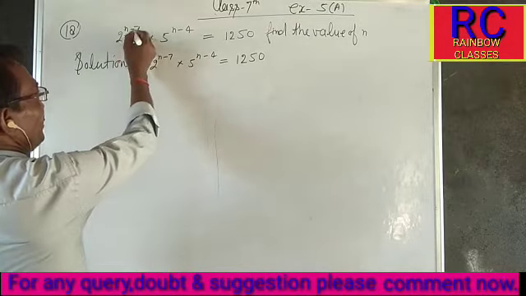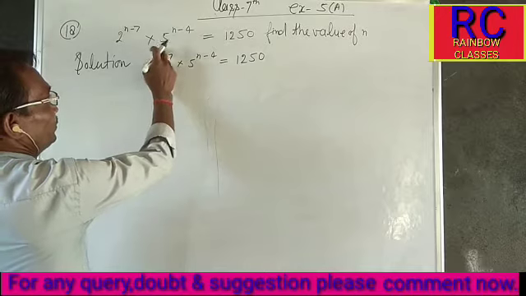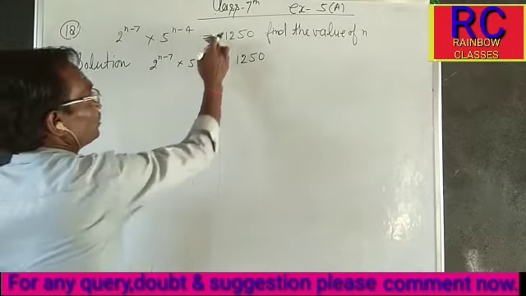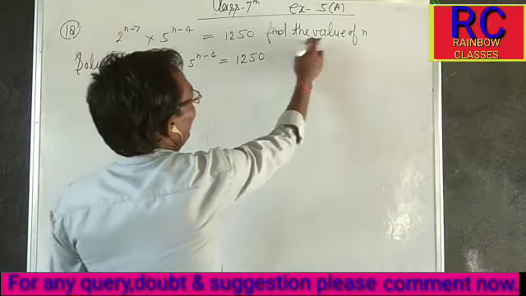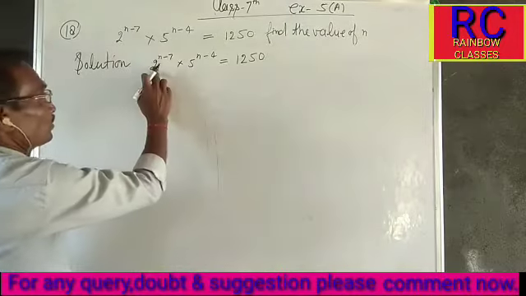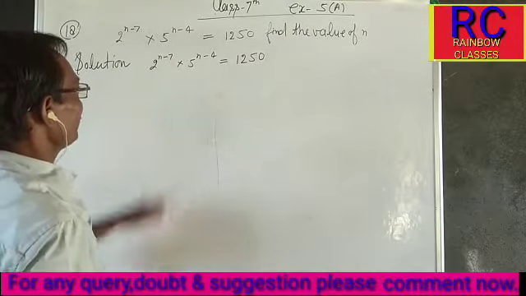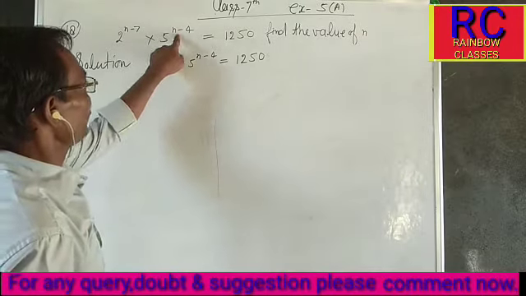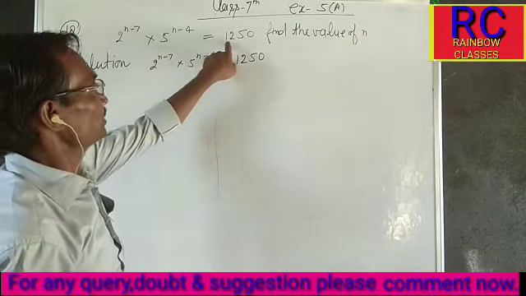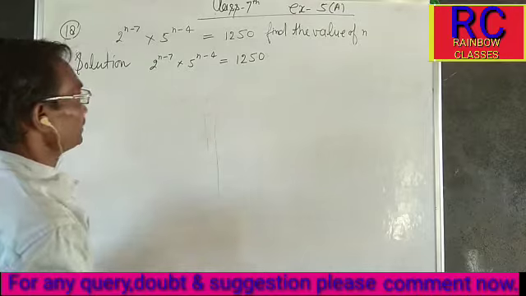2 to the power n minus 7 into 5 to the power n minus 4 is equal to 1250. Find the value of n.